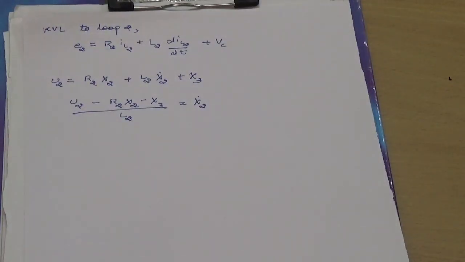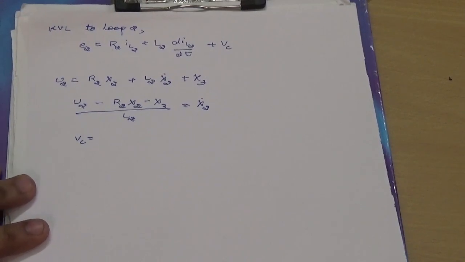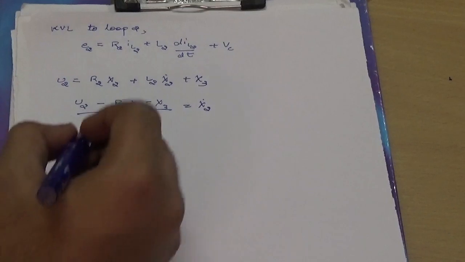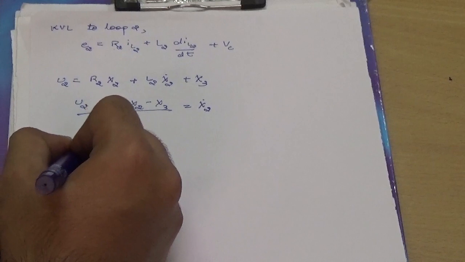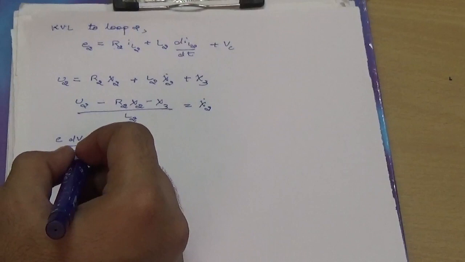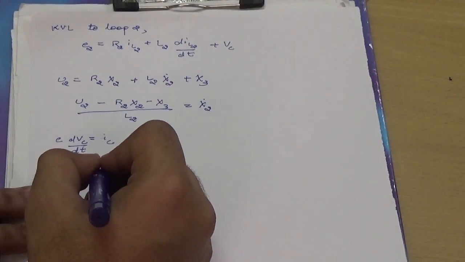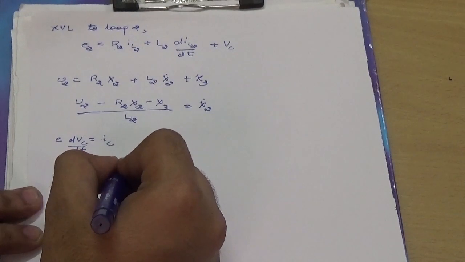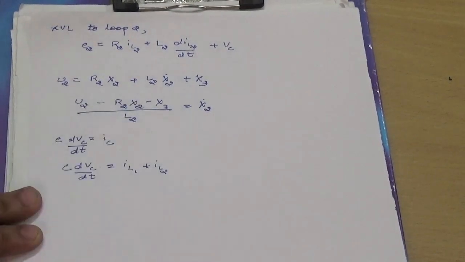Now let us obtain an expression for dVc by dt, that is x3 dot. To obtain the expression for x3 dot, I know that the current through the capacitor is given by C into dVc by dt, which is equal to IC. From the circuit, it is clear that C into dVc by dt is equal to IL1 plus IL2, because that is the current flowing through the capacitor.